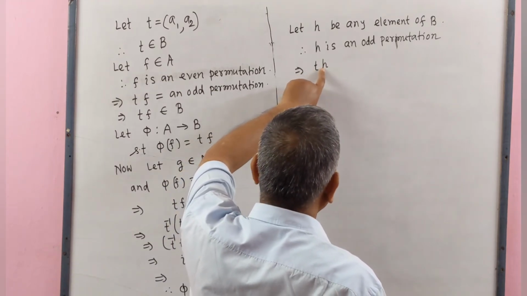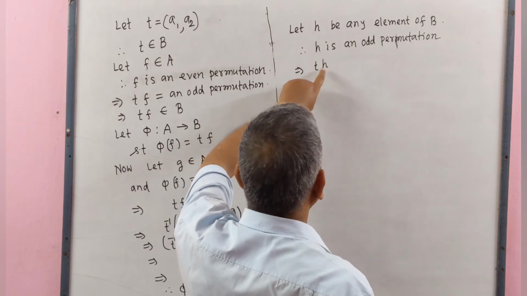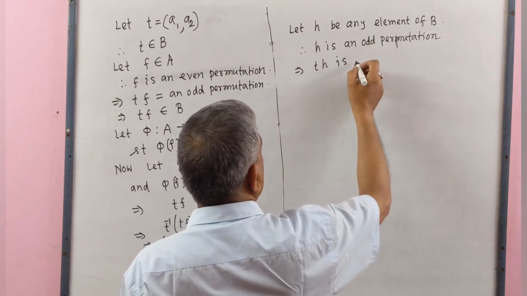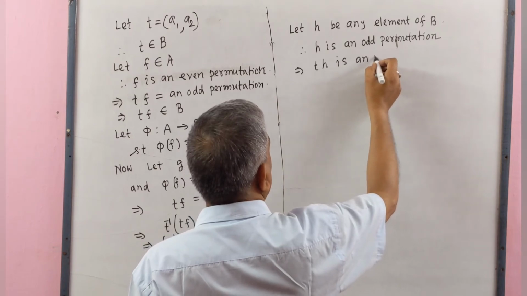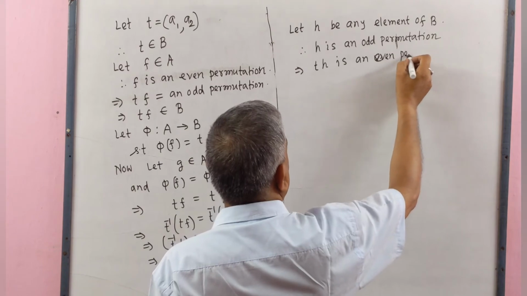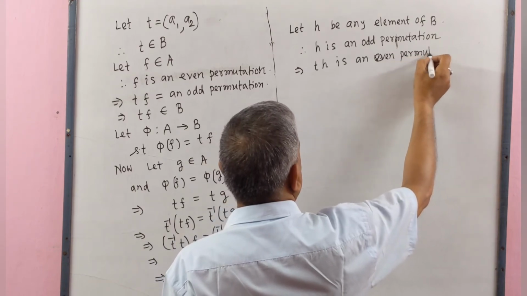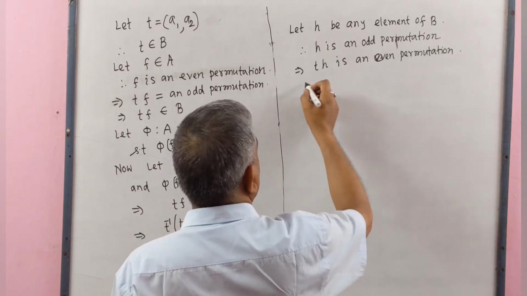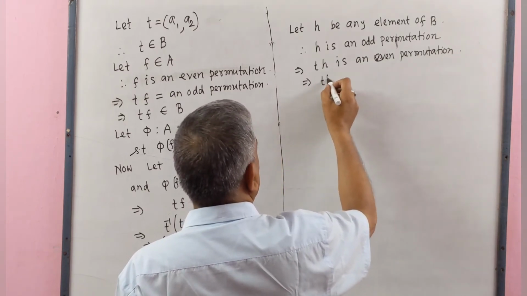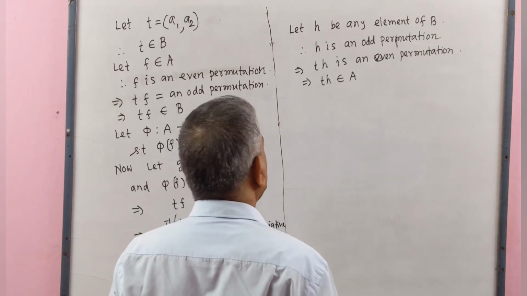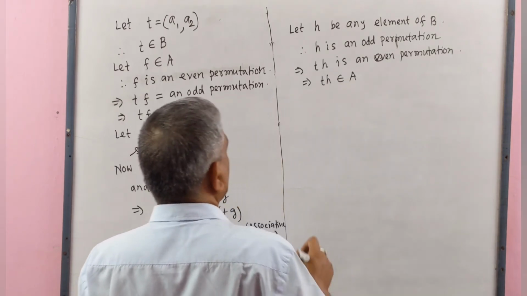The product of two odd permutations is an even permutation. This implies that TH belongs to A, where A is the set of all even permutations on S.